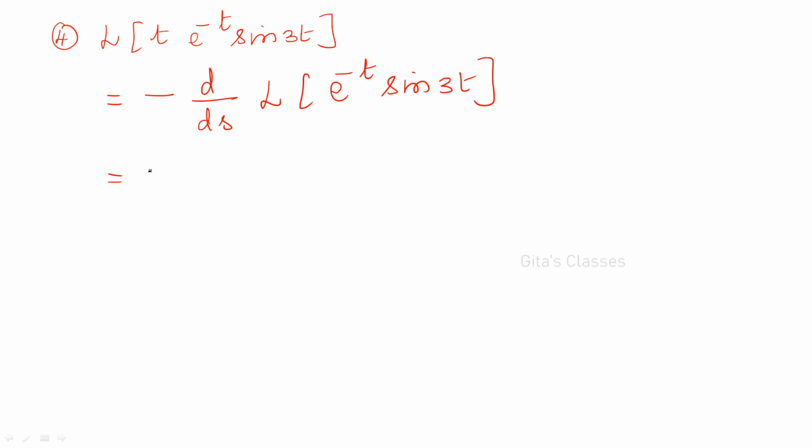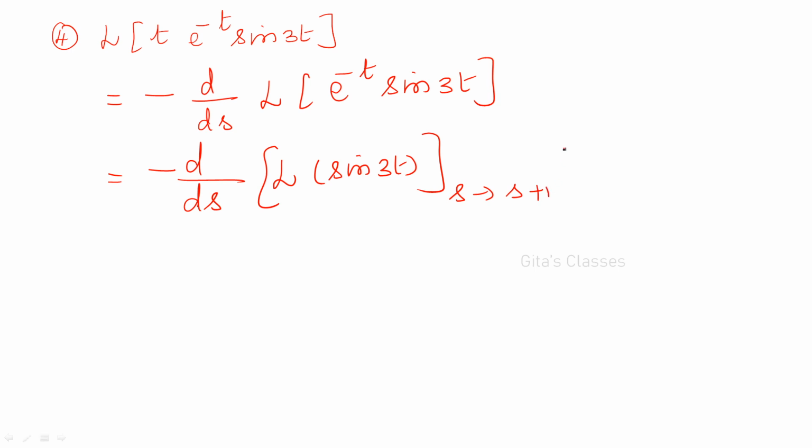That is equal to minus d by ds of L of e power minus t, means L of sine 3t you have to find out first.